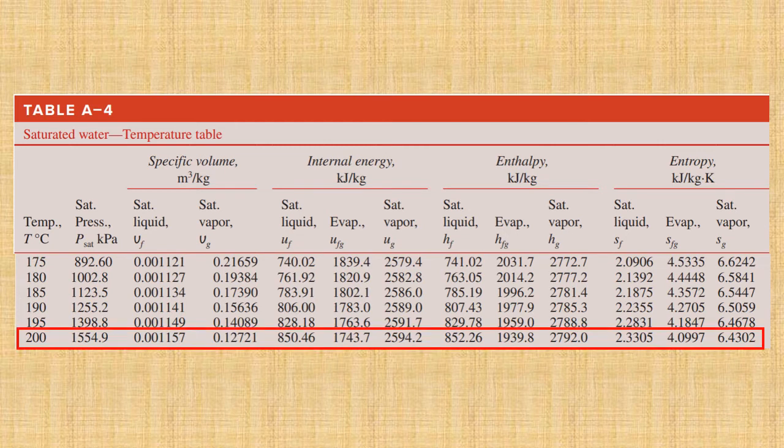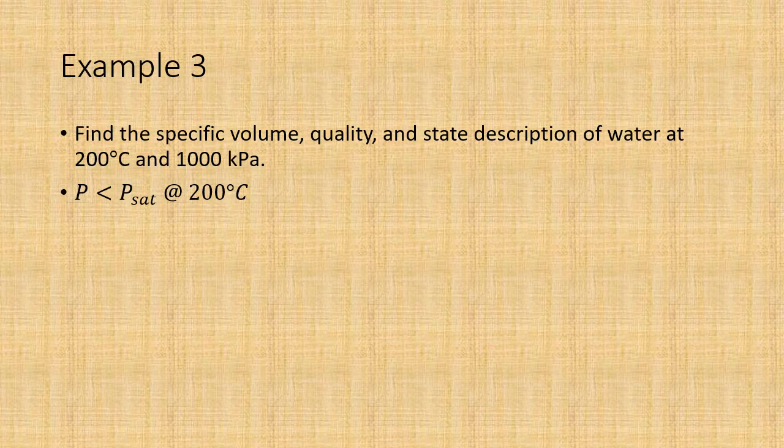Since the other given property is pressure, we look under the saturation pressure column and find that the given pressure of 1000 kilopascals is lower than the saturation pressure corresponding to 200 degrees Celsius. This means that our state description is superheated vapor. Since we have a superheated vapor, quality is not applicable.